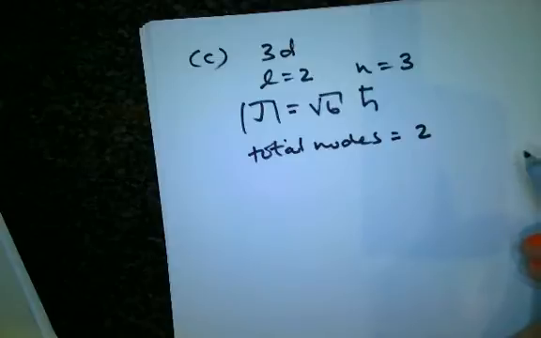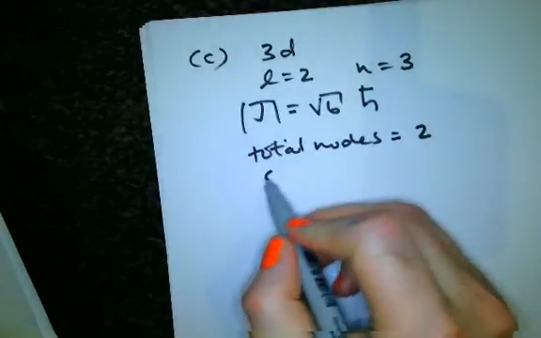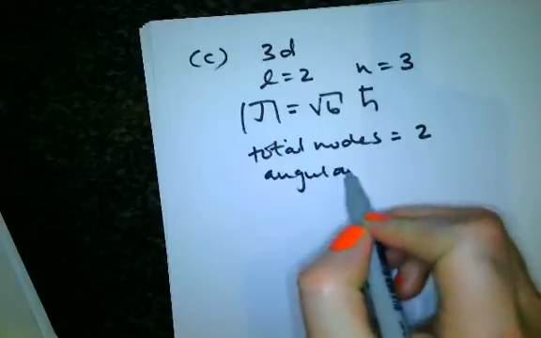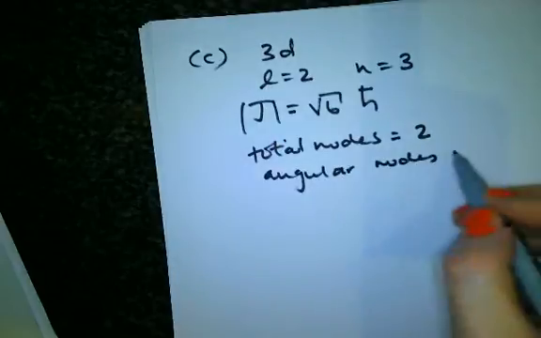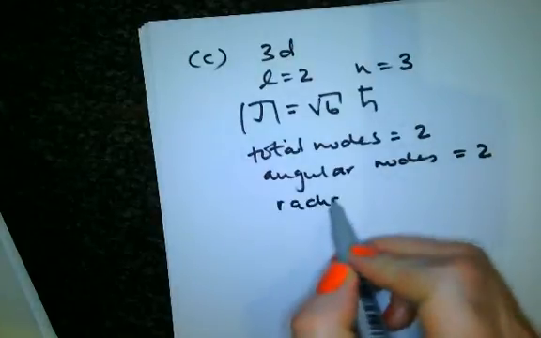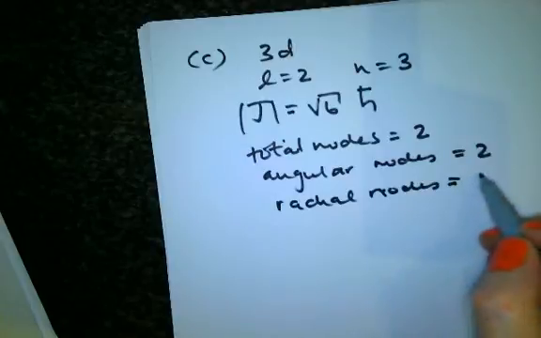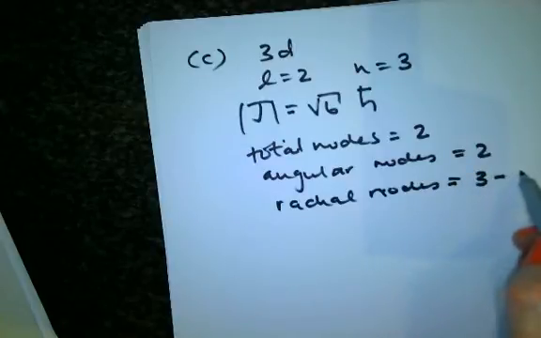Angular nodes, equal to L, which is 2. Radial nodes is n, which is 3, minus 2 minus 1, which is equal to 0.